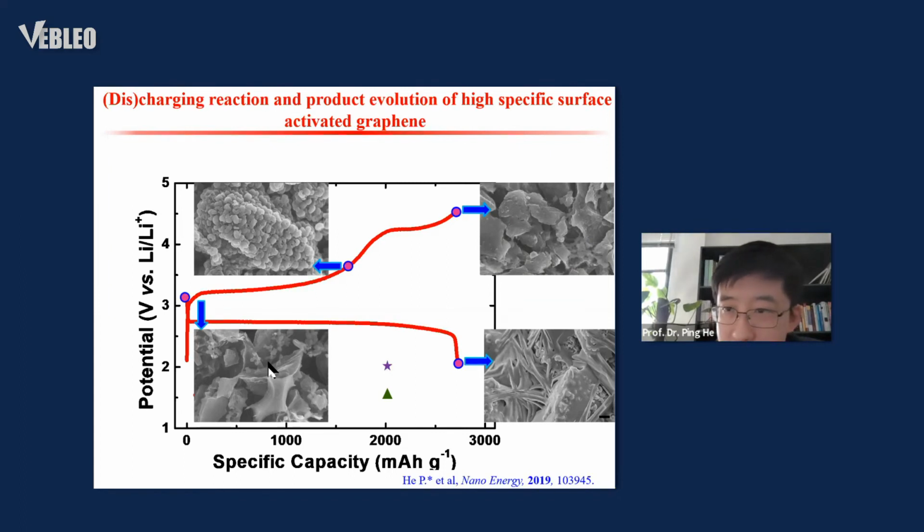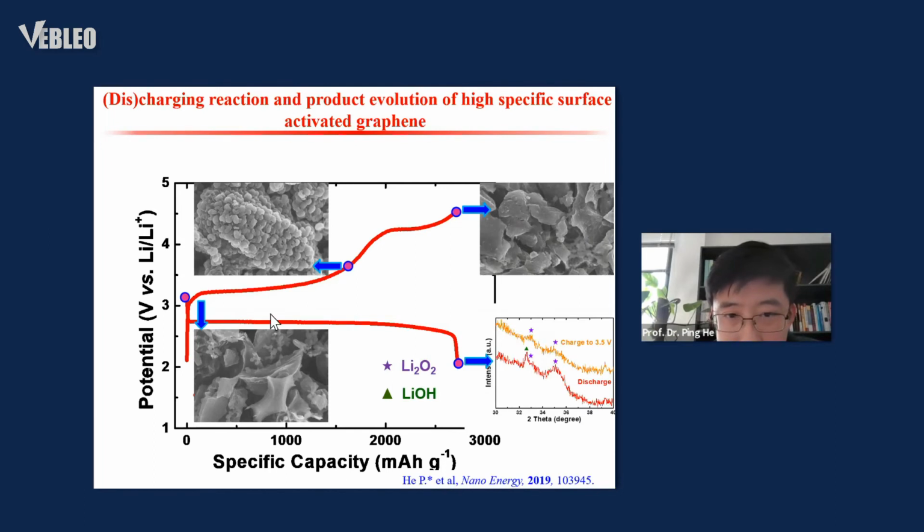So we also can see the XRD results. After the discharge process, we can see from the XRD curves some compounds of lithium hydroxide, and this star signal is lithium peroxide, in the products at the end of discharge.